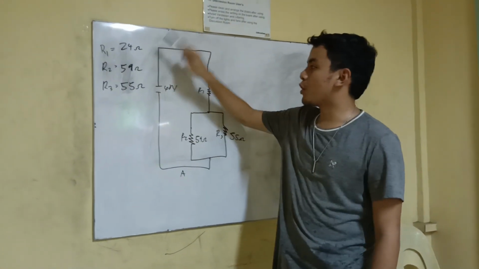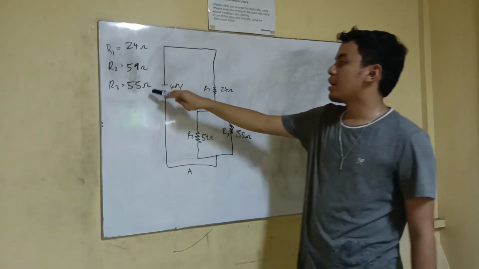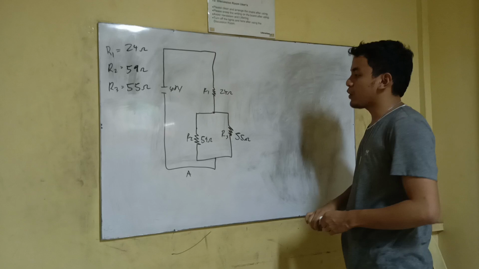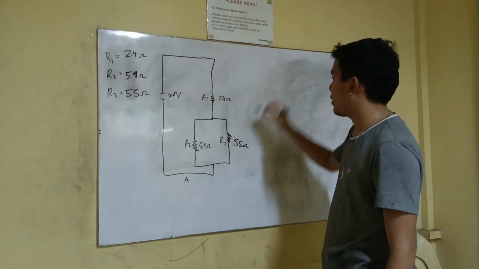This is our second problem, and these are our values for R1, R2, R3. R1 is 24 ohms, R2 is 59 ohms, and R3 is 55 ohms. First we're going to solve this parallel equation.